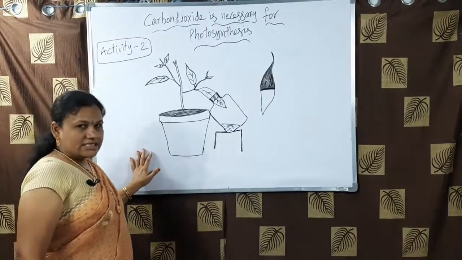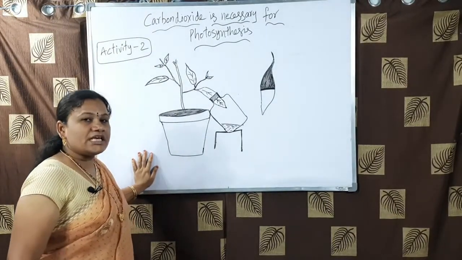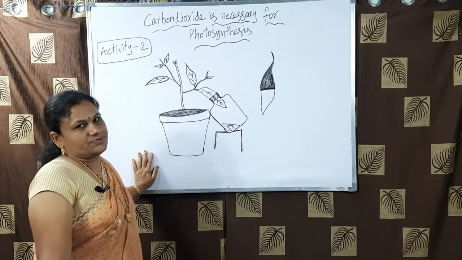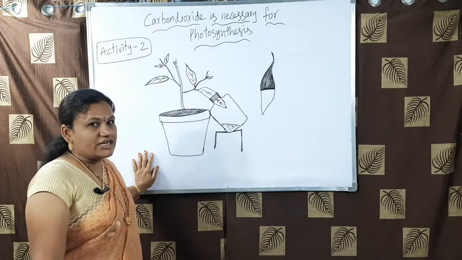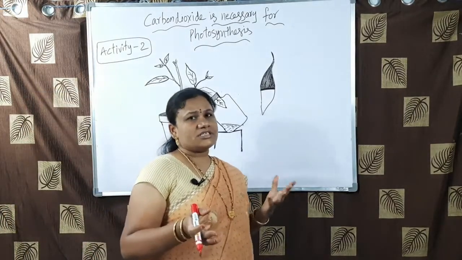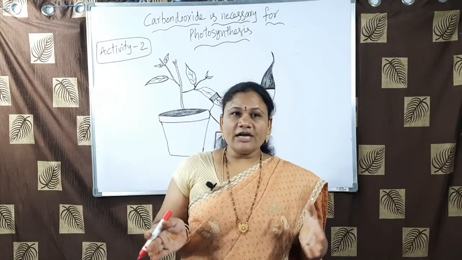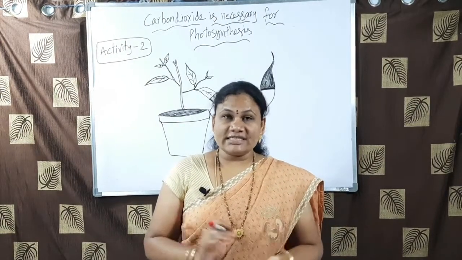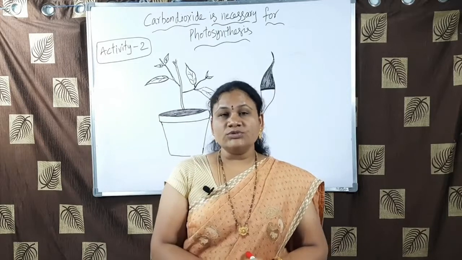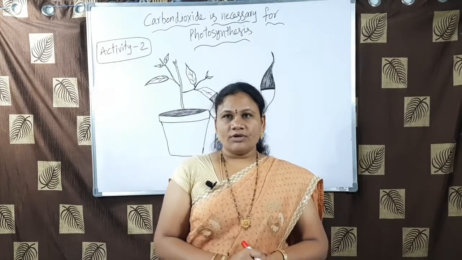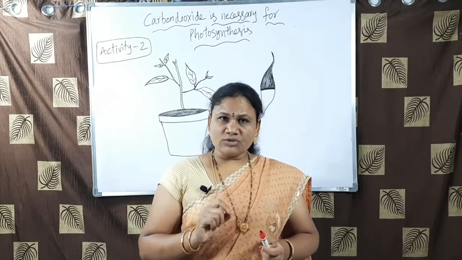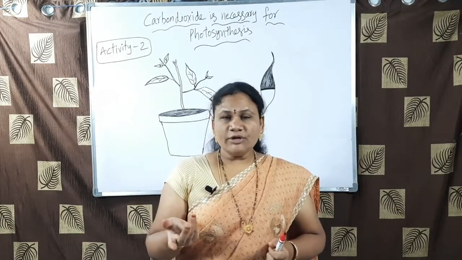For this activity, we need to select a plant, and that plant should be destarched. Destarched means that whatever plant we have chosen for this activity, we keep it in a dark room for 1 week. Why do we do this? If we keep the plant in a dark room, there will be no light.